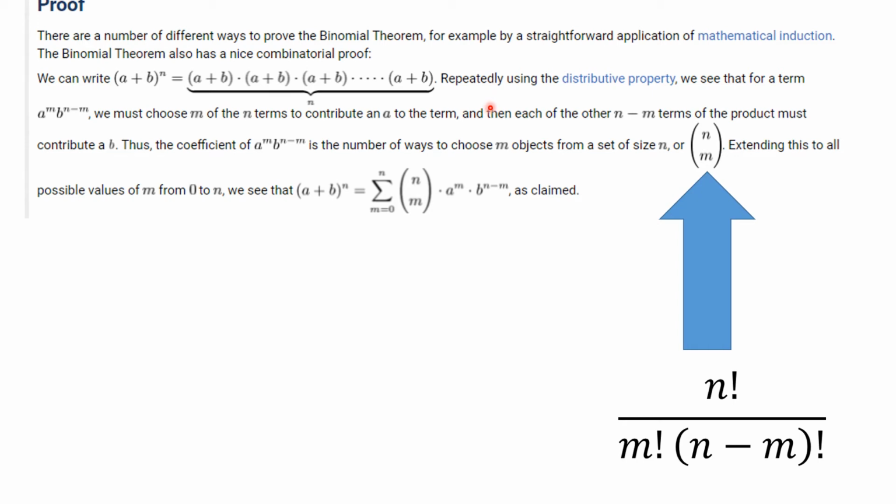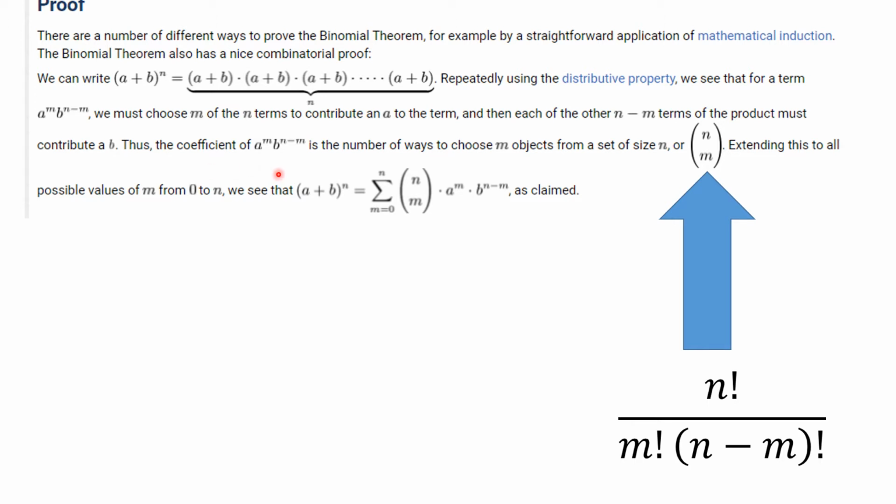Now, in COD pre-calculus, we usually prove this by math induction, but this is a nice combinatorial proof. You see, a plus b whole to the n is equal to a plus b times a plus b, n times. If we repeatedly use the distributive property, we see that there is a term a to the m, b to the n minus m, where we chose m of the n factors to contribute an a to the term, and then the remaining n minus m factors of the product contribute a b.